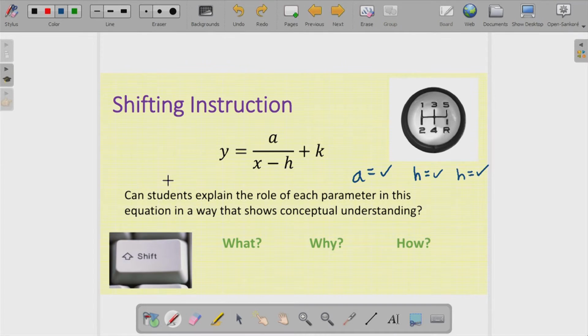In particular, can your students explain the role, not only explain the role of each parameter, but in a way that reveals a conceptual understanding as to what's going on. In other words, let's make sure in our instruction that we're going beyond the what and emphasizing the mathematically interesting why and how elements. Yeah, and in particular, a good question to ask would be, could your students handle an equation like y equals 1 over 2 plus x or something like that, or is that going to throw them off? So raise those questions with our students.